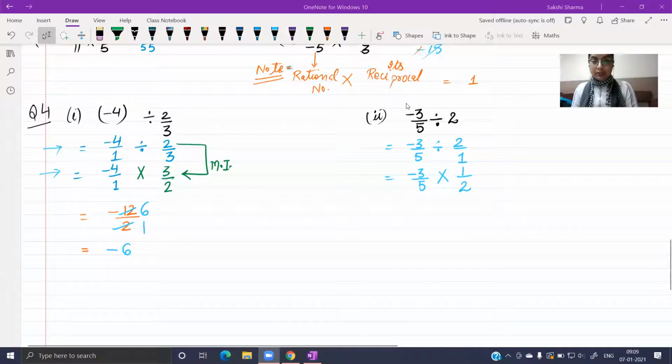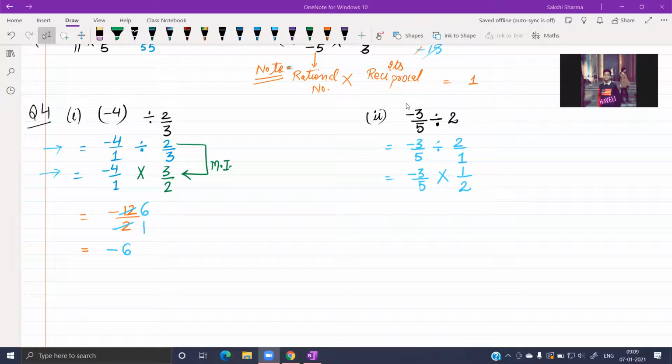So if you compare these two steps, what you can see is I have changed the sign of division into multiplication. That is one change you can see, and the second change is that I have written 2 by 3 as 3 by 2. So you want to do these two things together.